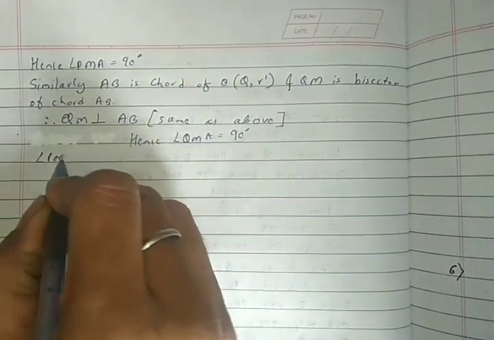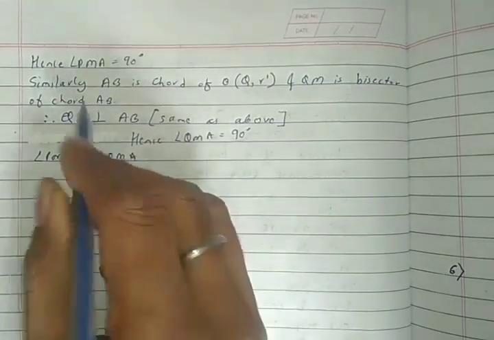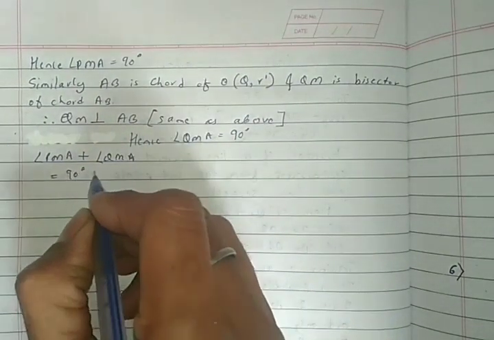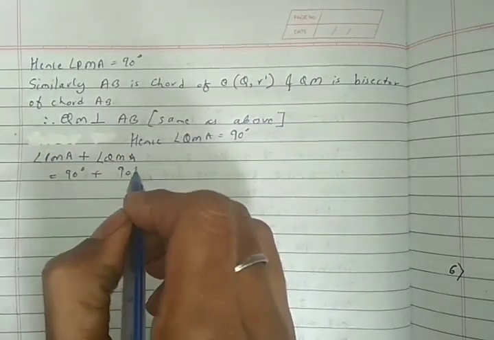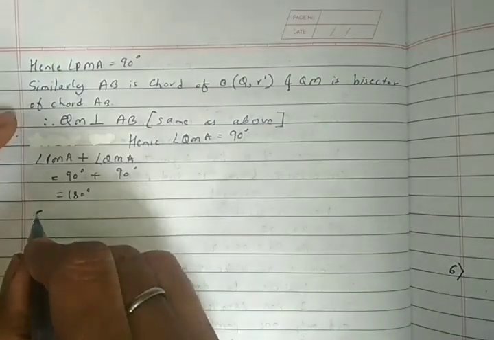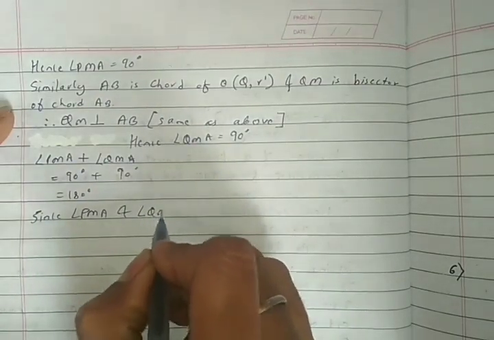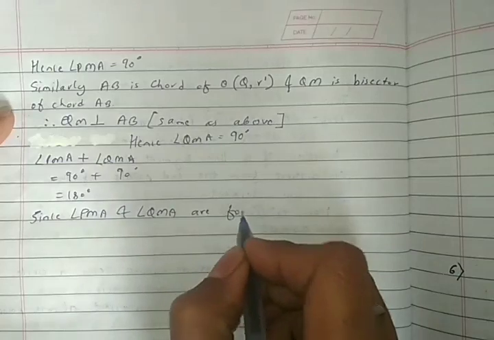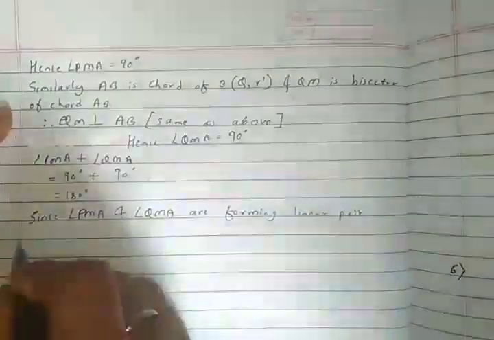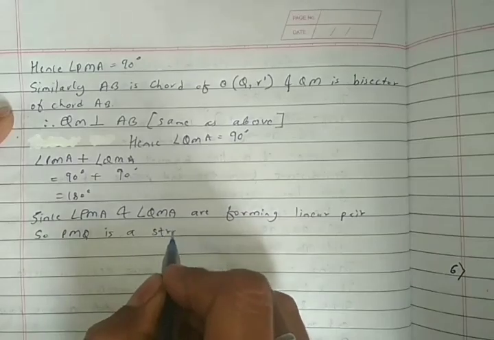Now, angle PMA plus angle QMA. When you add these two angles, what will we get? PMA was 90 degrees and QMA is also 90 degrees. So when we add, the total is 180 degrees. Now since angle PMA and angle QMA are forming a linear pair, so we can say that PMQ is a straight line.